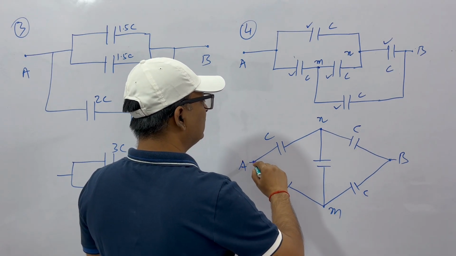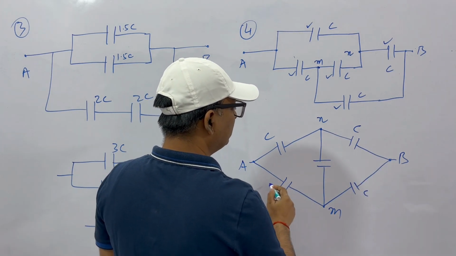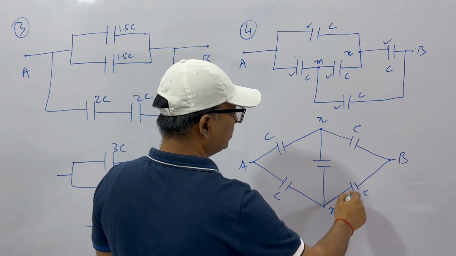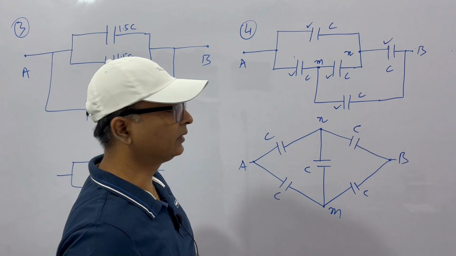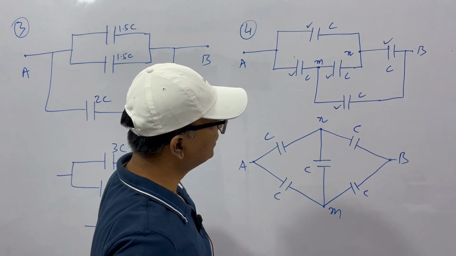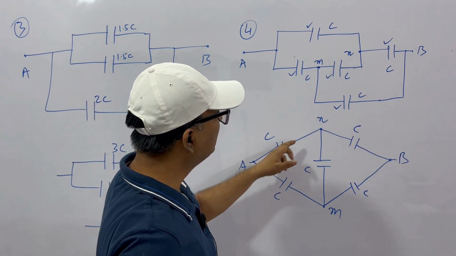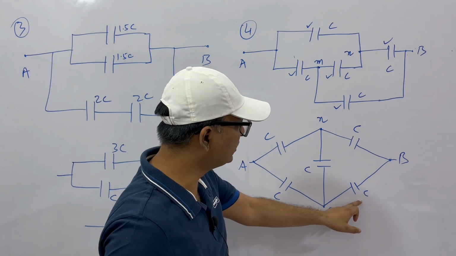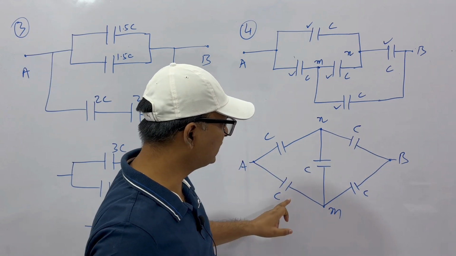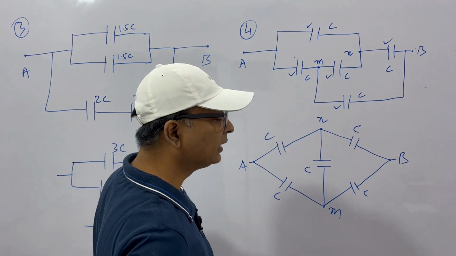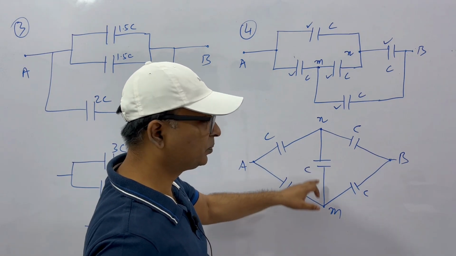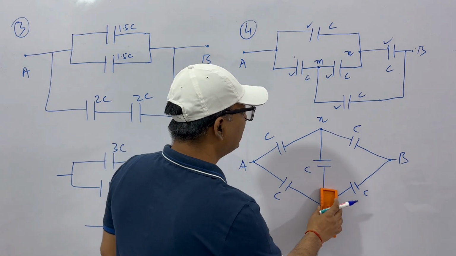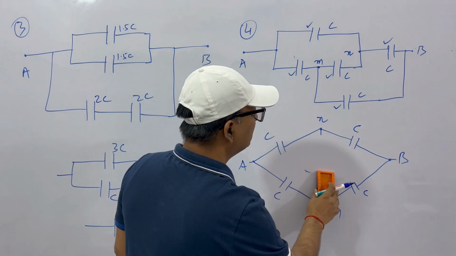Then this will be in parallel and these two will be in series and these two will be in series. Clear? Let me explain this again. This is Wien bridge. In Wien bridge, what happens when this by this ratio is equal to this by this ratio, C by C equal to C by C, then current doesn't enter this path. So effectively, this is open circuit.